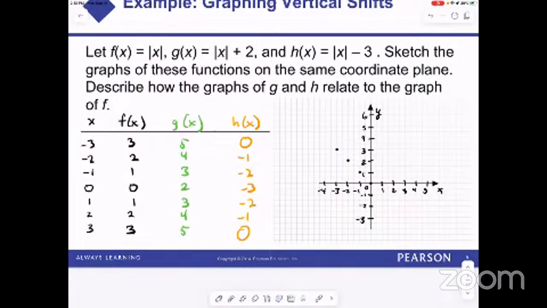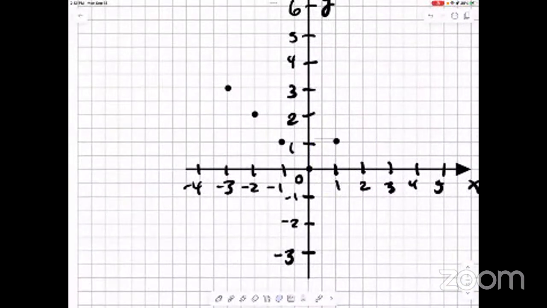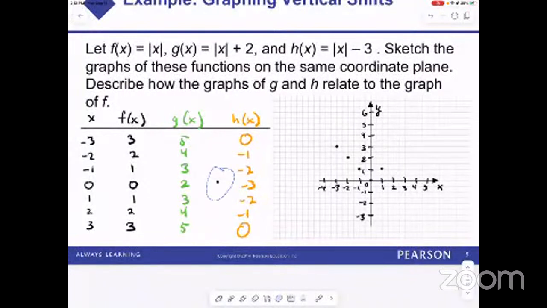The origin is already plotted, and then 1, 1. 2, 2. And then 3, 3. So if we connect all these using straight edges, absolute value, we get this kind of shape.